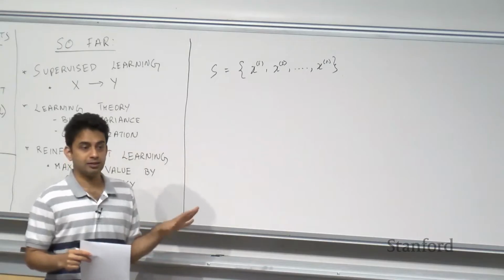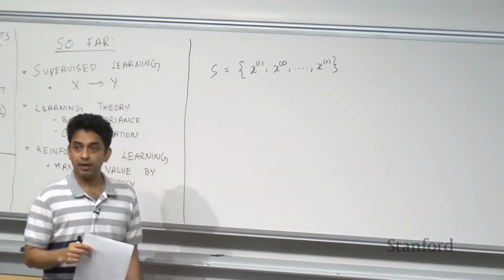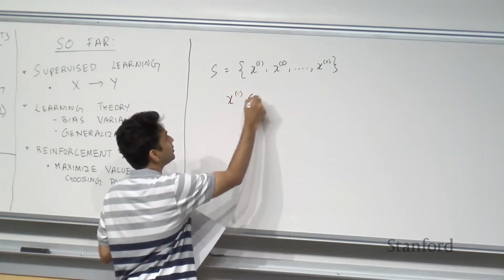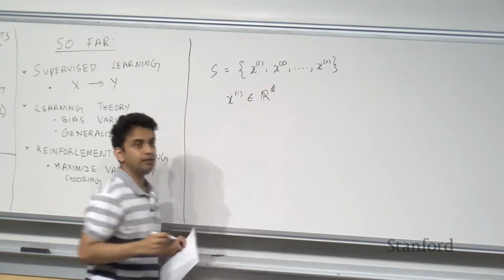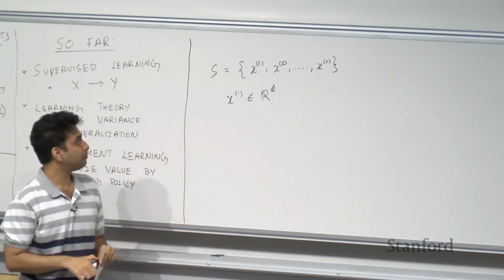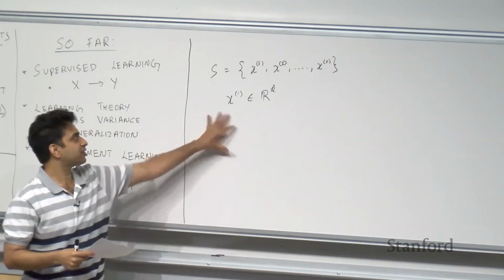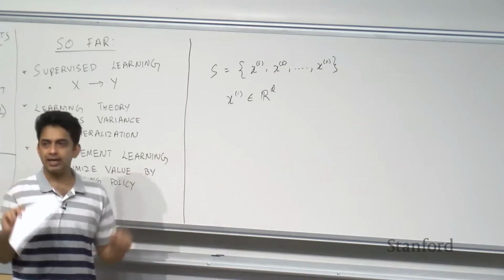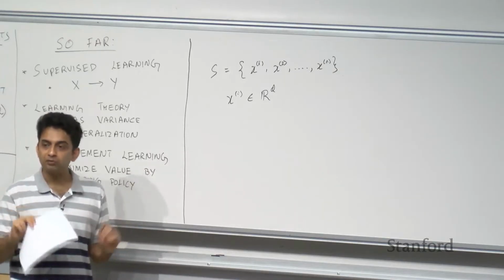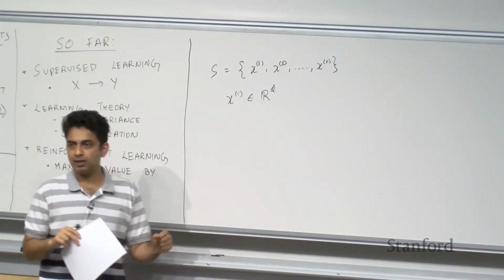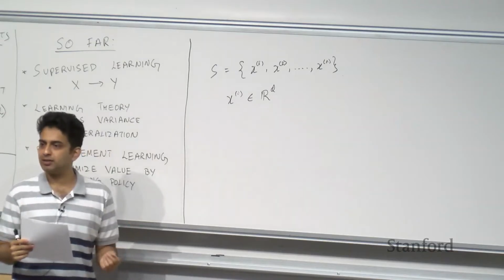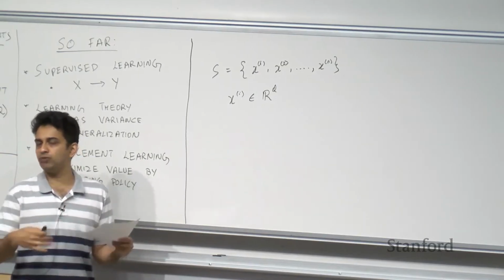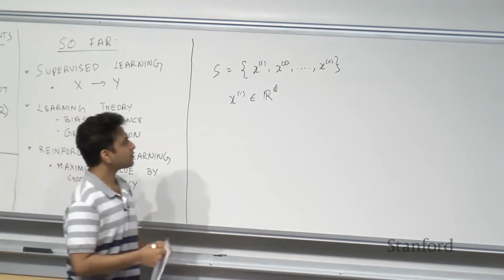We are just given a set of examples, a set of x's, where each xi is in Rd, in a d-dimensional real space, for example. And our goal is to learn some kind of a structure in these x's, right? We don't have a corresponding correct answer. We don't have what's otherwise called supervision of what the correct answer is for each x, but in general we are just given a collection of x's, and the goal is to find some kind of an interesting structure in these x's that hopefully gives us some new insight, right?